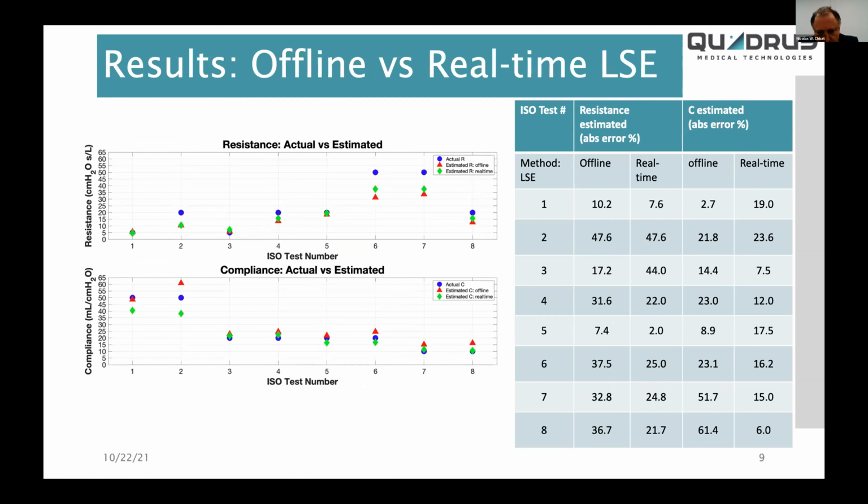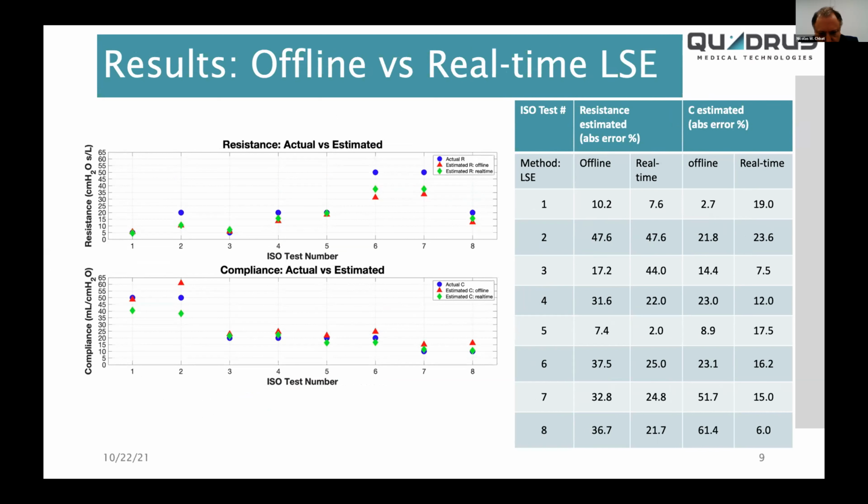We also performed offline least square estimation versus real-time least square estimation because we wanted to see the effect of collecting data offline and performing an estimation on that, versus actually having a moving window in real time.